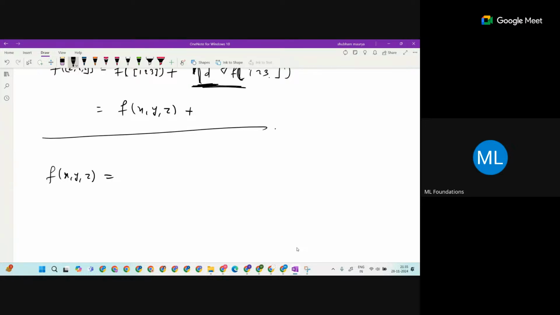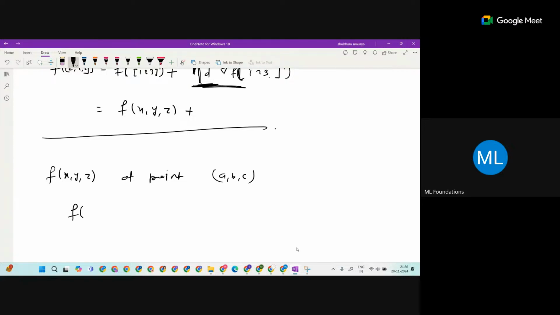I want to find the Taylor series of this function around a point, let's say point A, B, C in the general case.